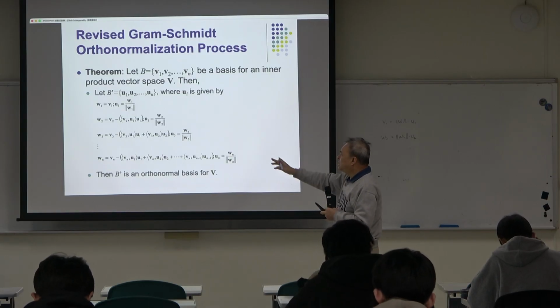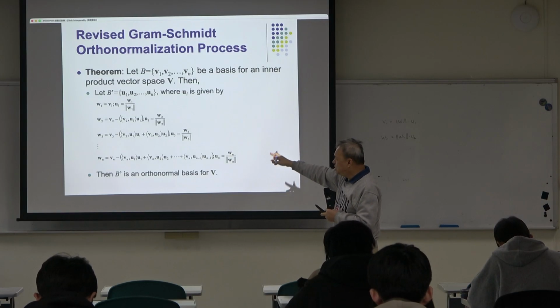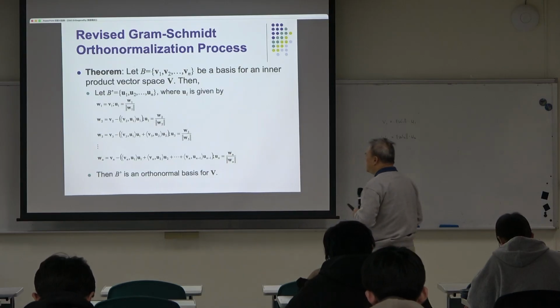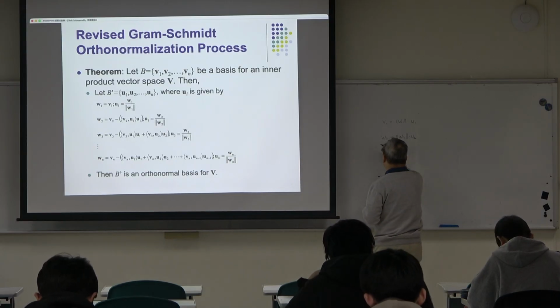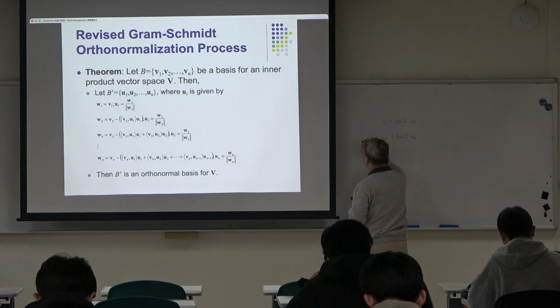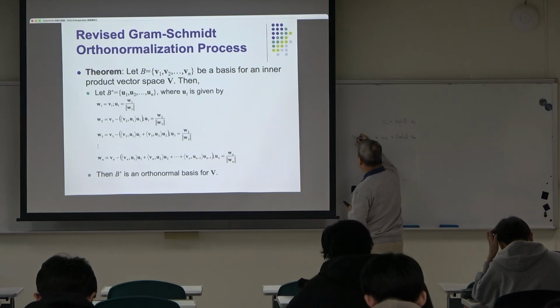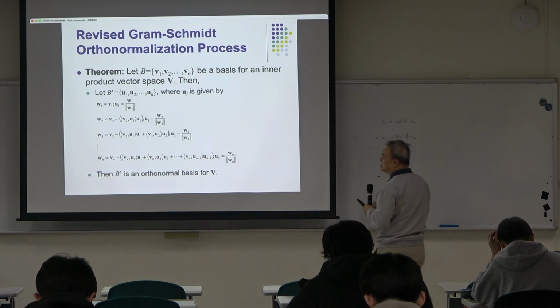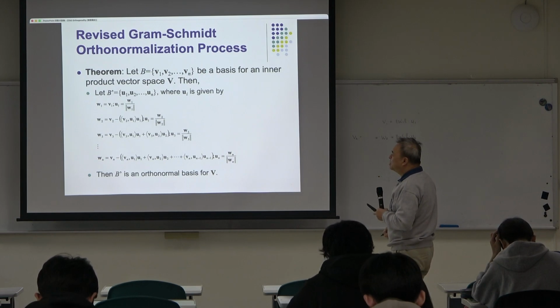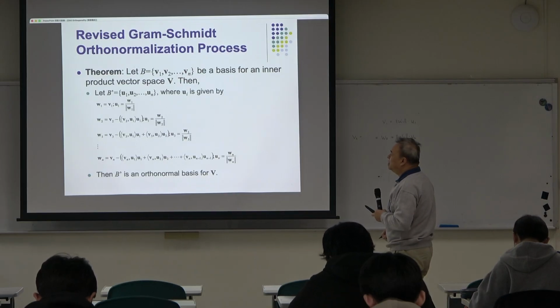W2 actually is V2 minus that, right? So it's going to be V2 minus V2 dot U1 times U1.